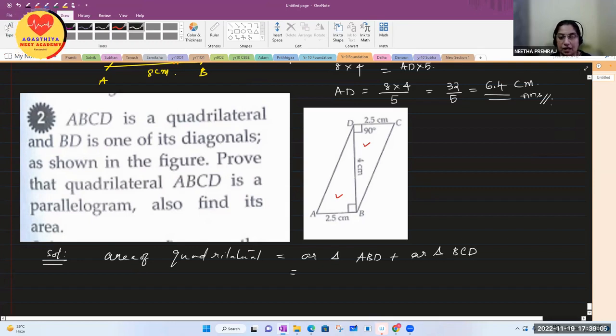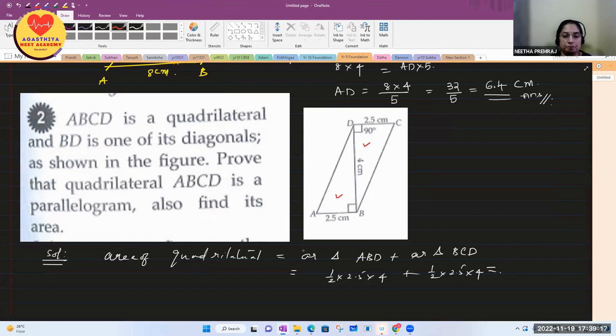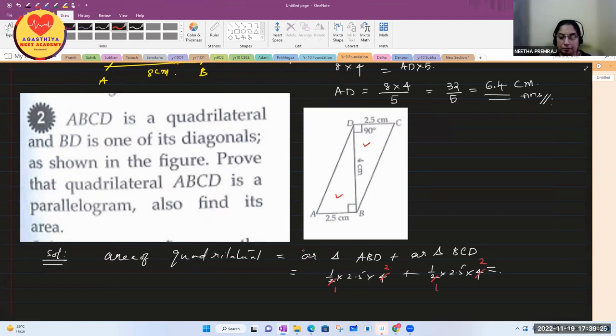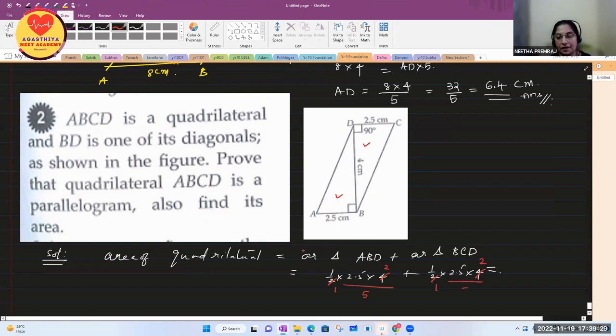Half base times height. Base is 2.5, height is 4 centimeters. Similarly, here also base is 2.5 and height is 4 centimeter. If you simplify, 5 plus 5, 10 centimeter square it comes.